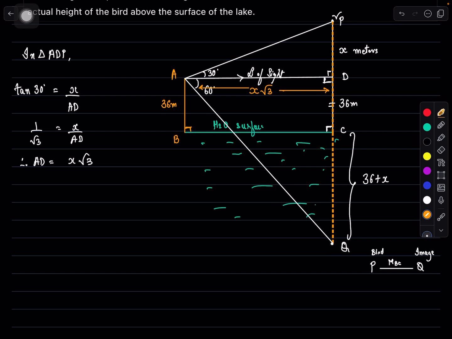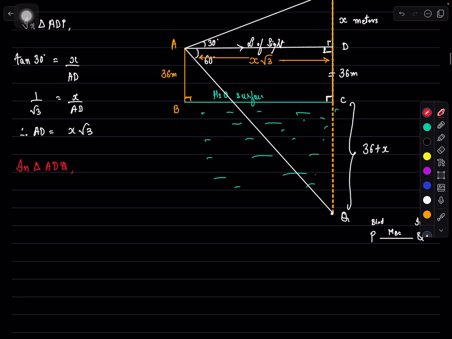Now we're going to use triangle ADQ. We're using tan 60.